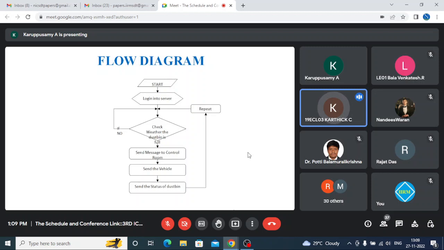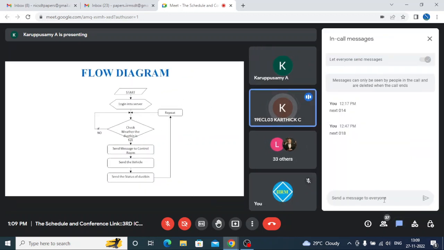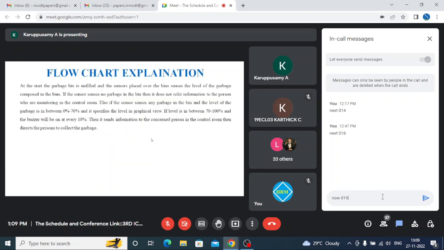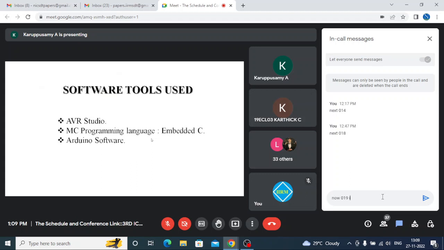If the level is between 70 and 100%, a buzzer will turn on at every 10%, then information is sent to the concerned person in the control room, and the person collects the garbage. The garbage monitoring system uses AVR Studio, PC programming language and Arduino software.